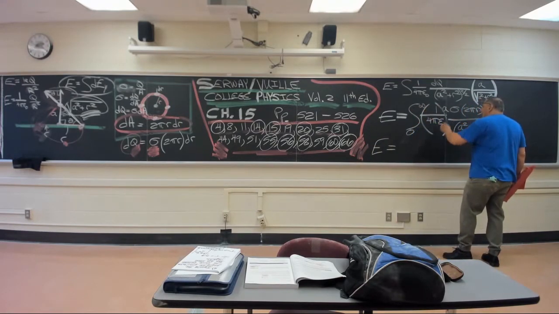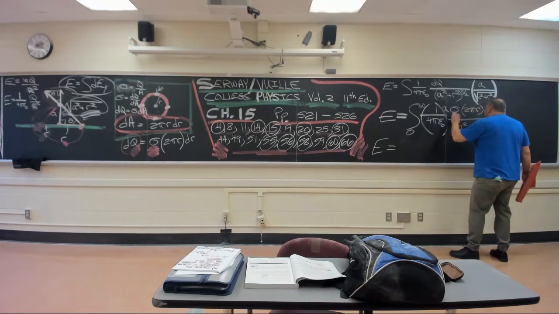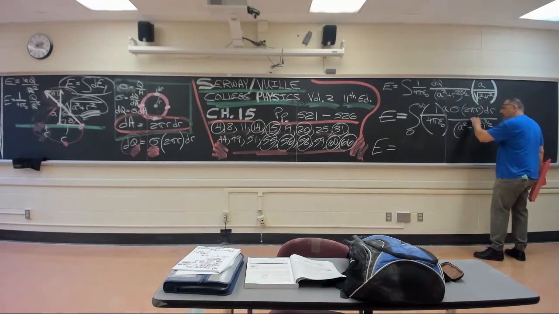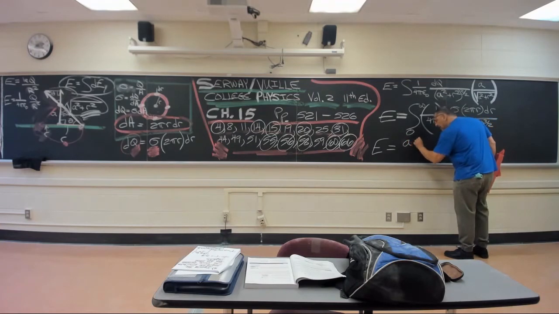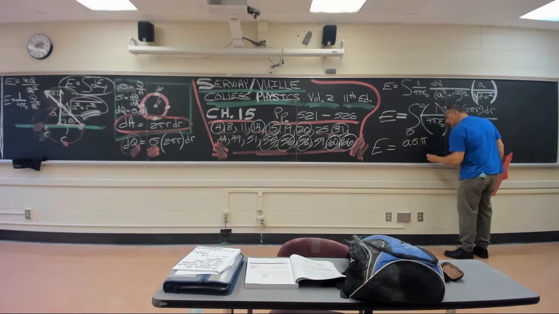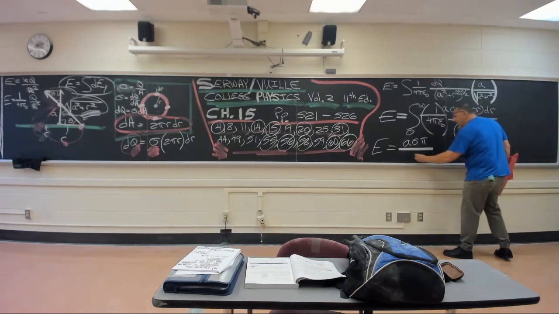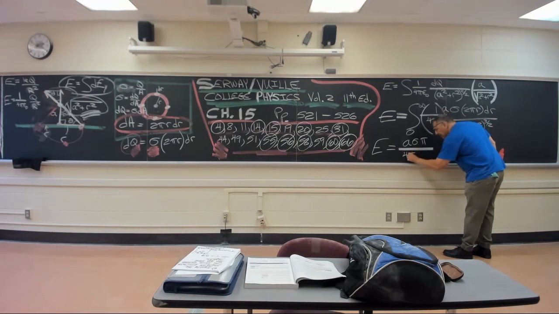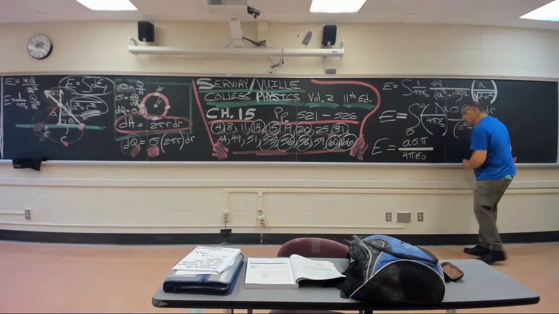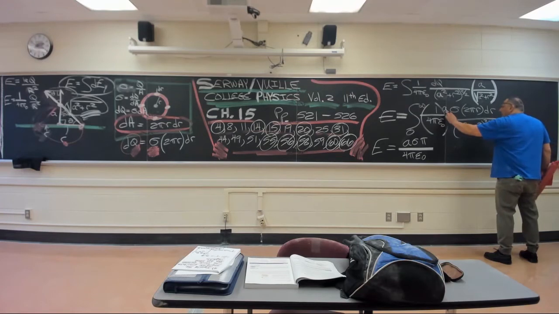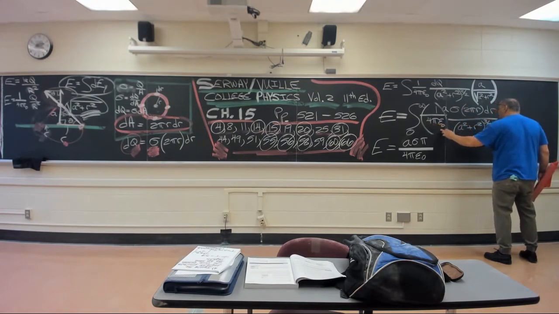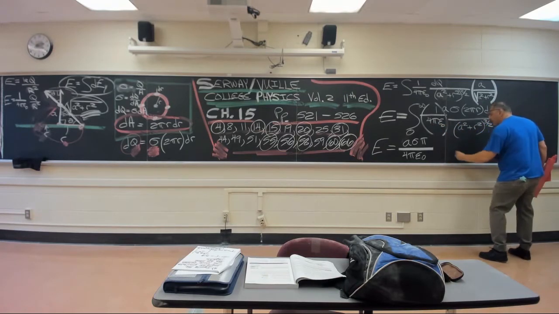A is a constant, sigma is a constant, pi is a constant. 4, pi, and epsilon naught are all constants. Here's A, here's sigma, here's pi. They're all constants. A, sigma, and pi, all constants. 4, pi, and epsilon naught, all constants. Let's pull them out of there.